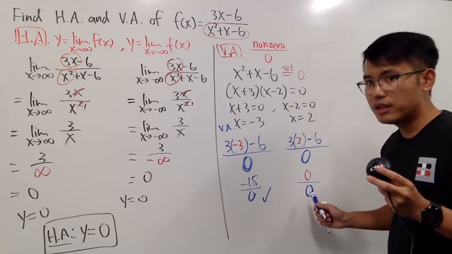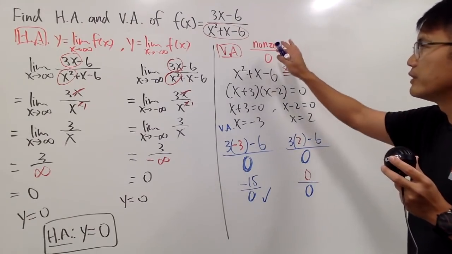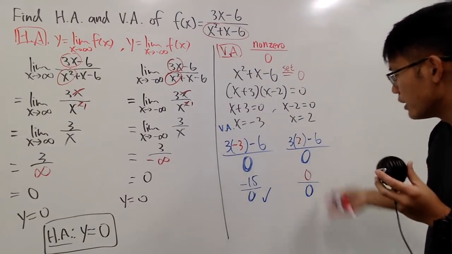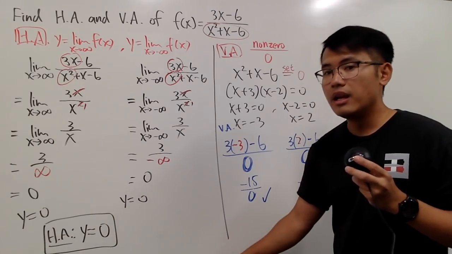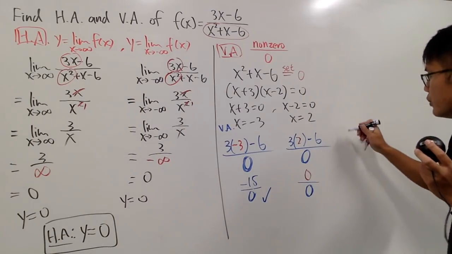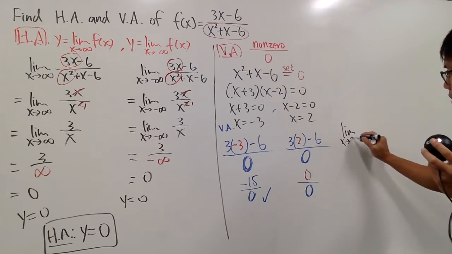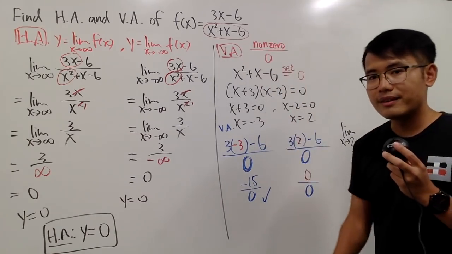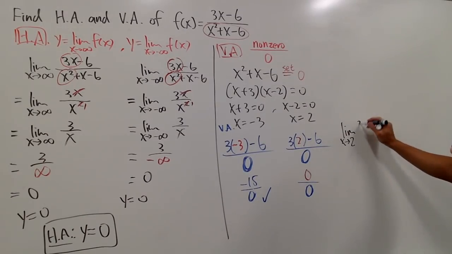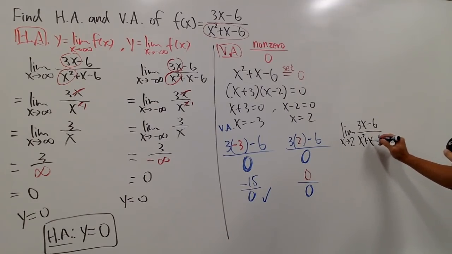In this situation, you actually don't have a vertical asymptote. You can do a little bit more investigation, and that investigation is you take the limit as x approaching 2 of the function, 3x minus 6 over x squared plus x minus 6.